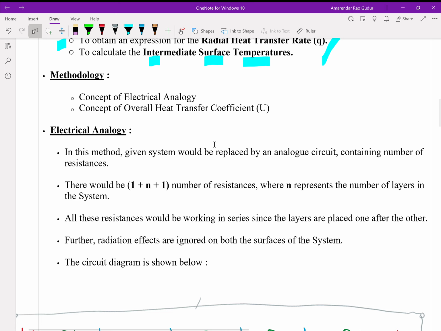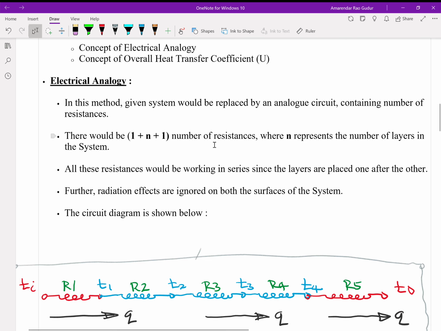When you talk about electrical analogy, we replace the given system by an equivalent circuit diagram containing a number of resistances. And in general, we'll be experiencing 1 plus n plus 1 number of resistances. One is the inner convective resistance, and the last one is the outer convective resistance, and in the middle we are going to have n number of conductive resistances, where n stands for number of layers in the system.